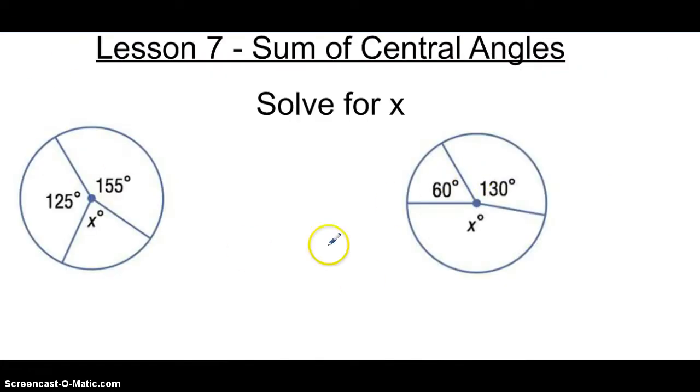These guys are the sum of central angles. If you remember, all you have to remember is that all three of these angles will add up to 360. So if you know that, you just have to set up your equation: 155 plus 125 plus x equals 360.